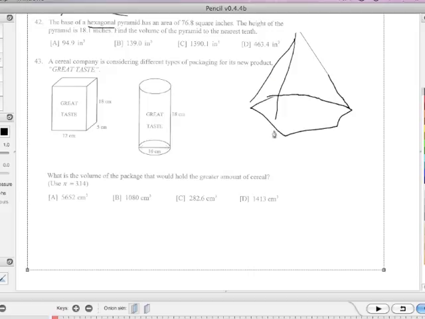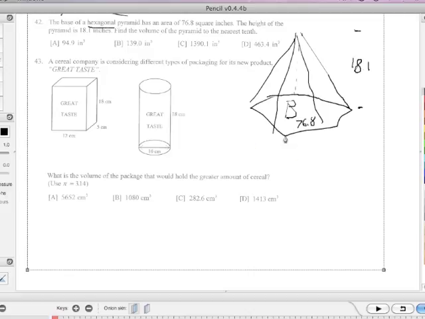So these sides go straight down, and down the back too. We know this big B is really one of the most important parts of the formula. We know this is 76.8 square inches, and we know this vertical height is 18.1.